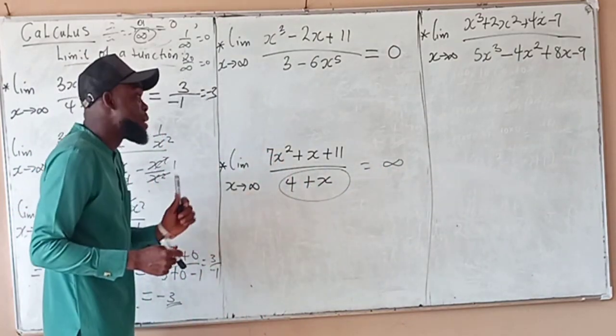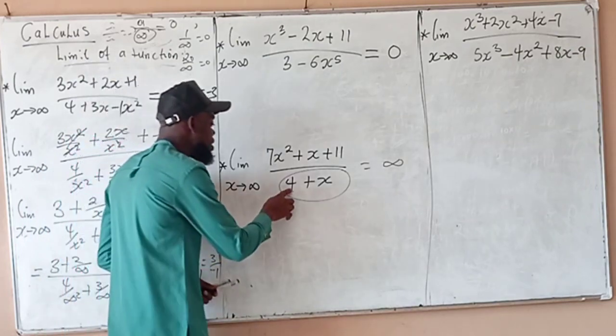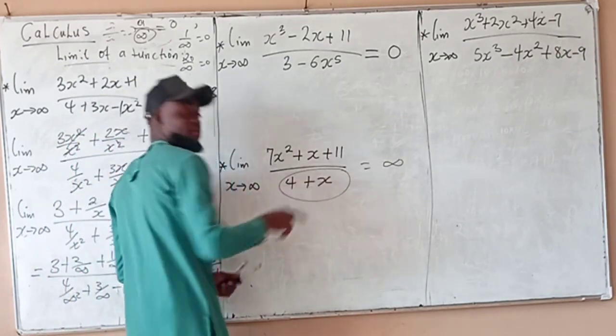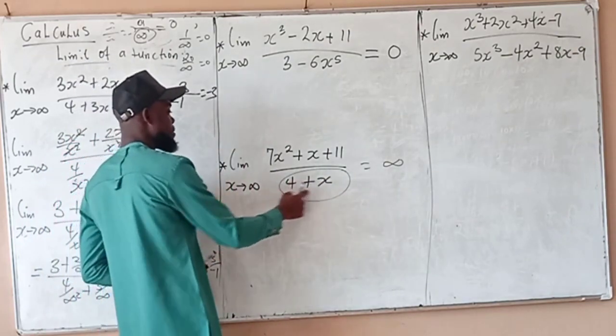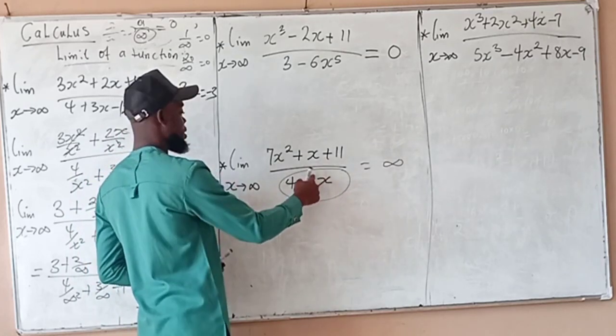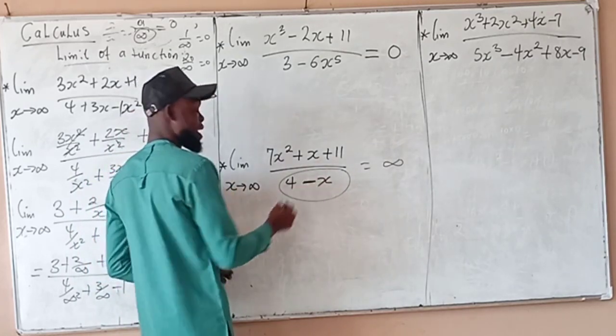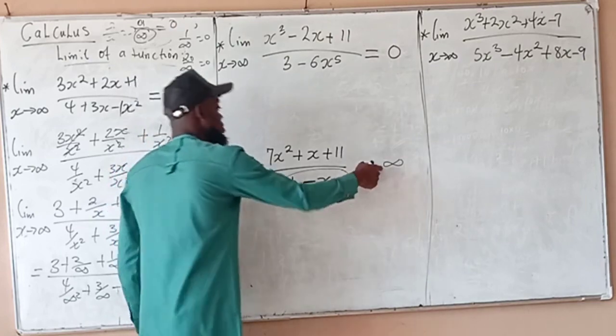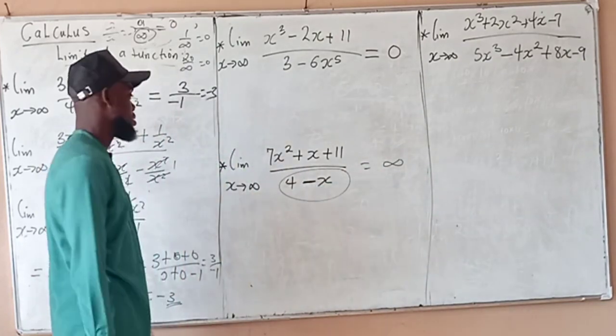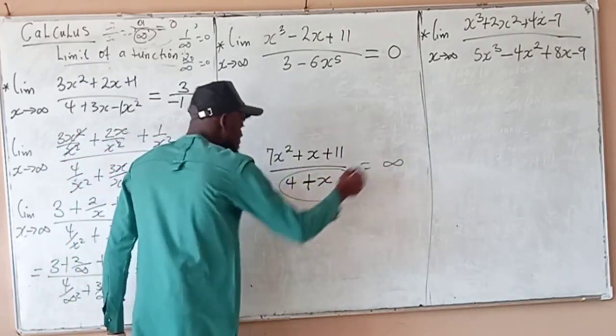How? It will be minus infinity if the coefficient of the highest power of s in the denominator is negative, for example minus 1. This one becomes negative infinity; if it is plus, it becomes positive infinity.